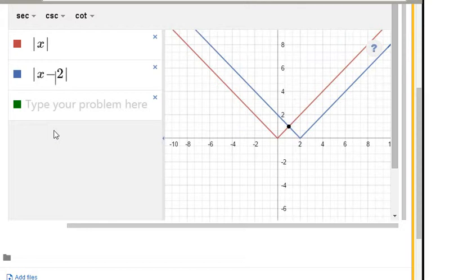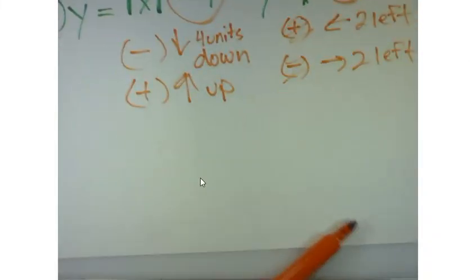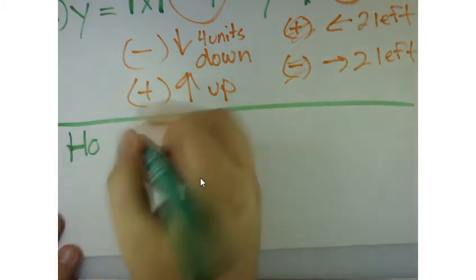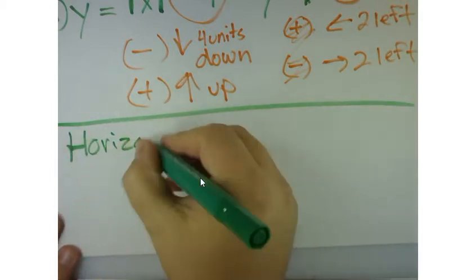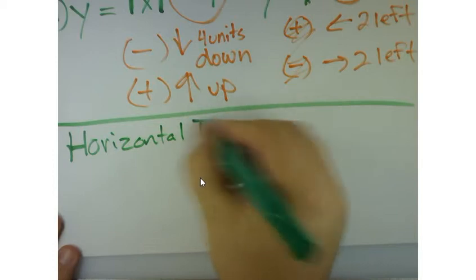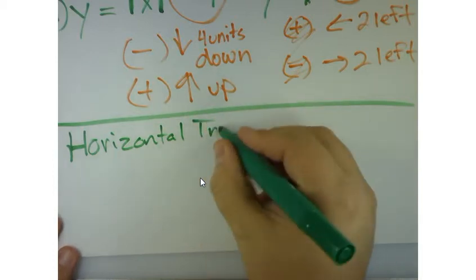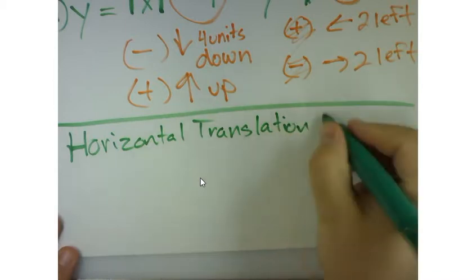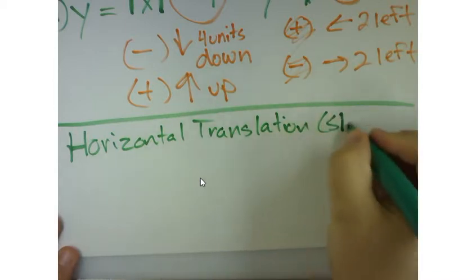Now what your textbook says in formal notation, for horizontal translations, do you guys remember what translation means from geometry? It means we just slide the function.